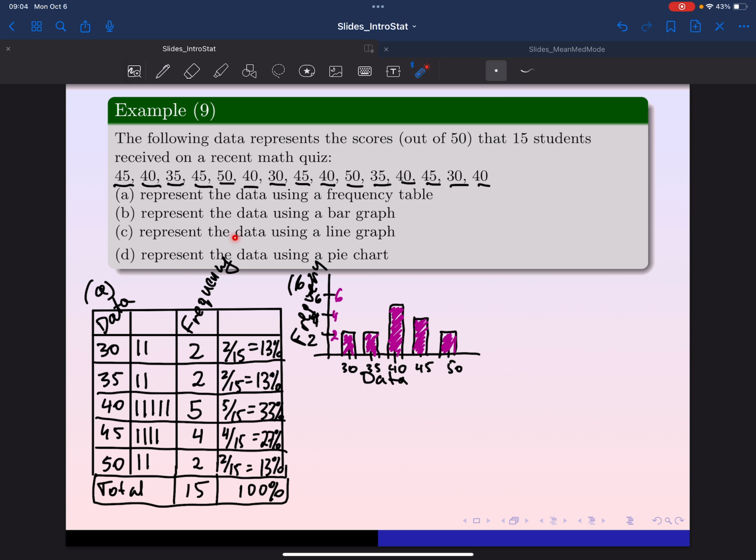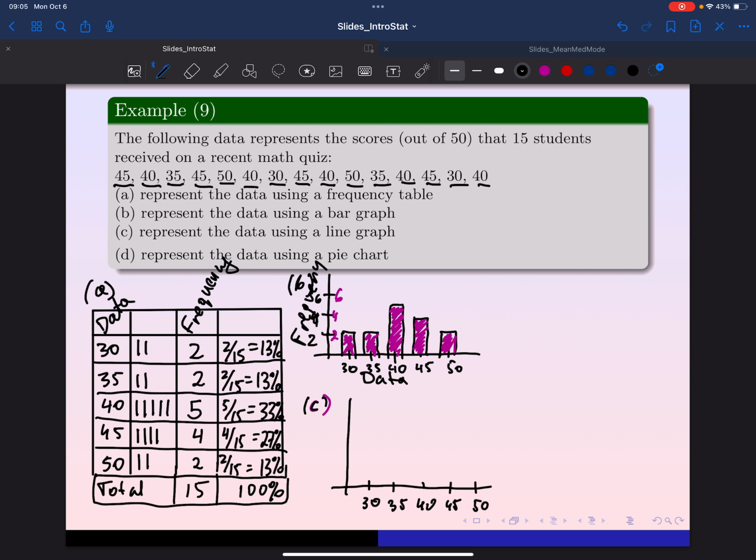Part C, represent the data using the line graph. So we had the same frequency, we had the same data. 30, 35, 40, 45, and 50.